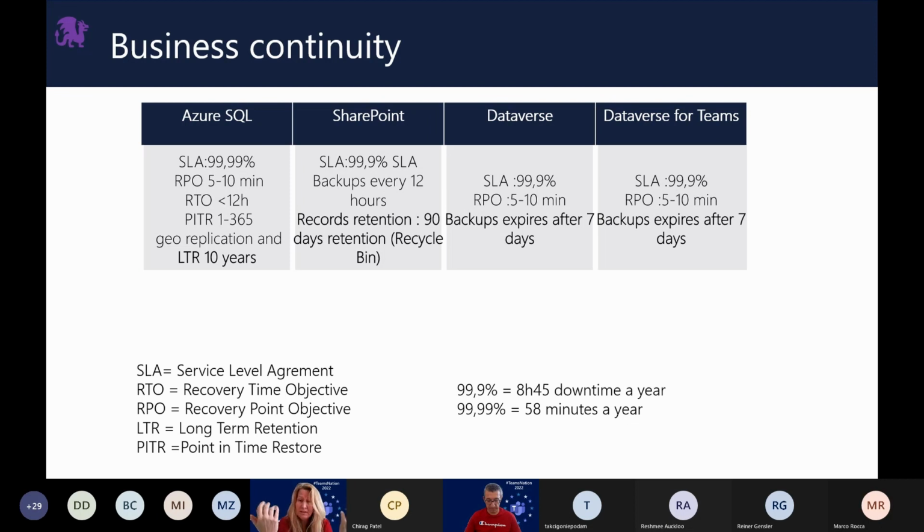So we are comfortable here because you may have a quadruple 9 with Azure SQL, meaning that they are allowed roughly 1 hour of downtime per year. And for SharePoint, Dataverse and Dataverse for Teams, it is 99.9, which is roughly 1 big day of downtime a year.